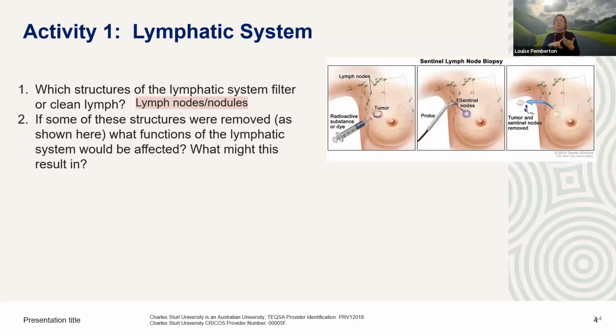What else is a function? Production of antibodies and stuff like that. Yep, so that's all happening in the lymph nodes. But what else does the lymphatic system do? Fluid balance, absolutely. So if you remove some of those nodes there, you're probably going to get local swelling in the area. So lymphedema.